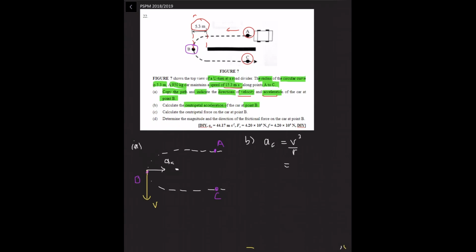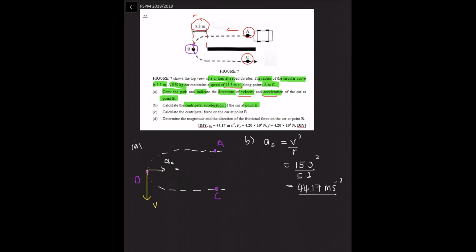V is the speed of the car, 15.3 squared, divided by the radius, 5.3. So the value of ac will be 44.17 meter per second squared. That is the centripetal acceleration of the car at point B.